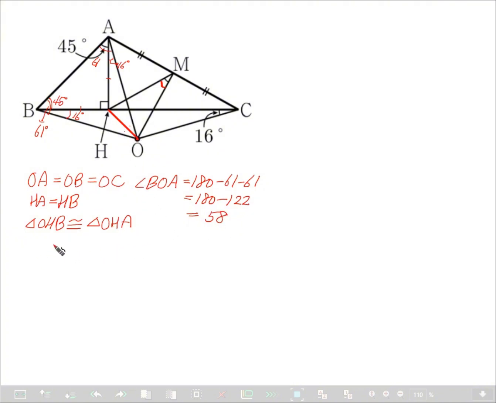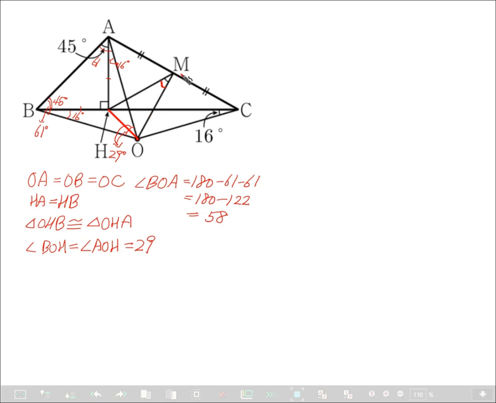So angle BOH is angle AOH, which is 29. Here and here also 29.